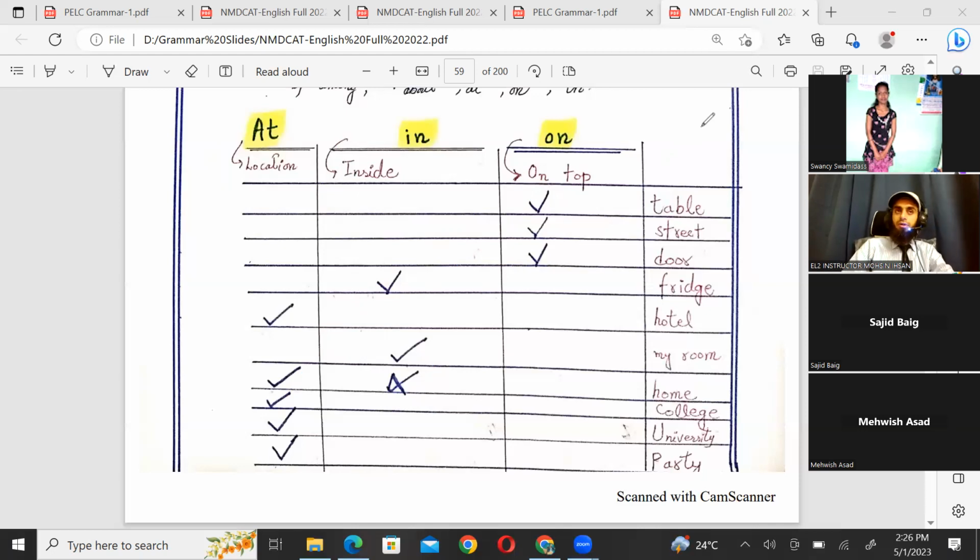I'm on the street corner. On the footpath, on the street. Why on the street? Because if you say in, here in means inside, in between. Like you are within the middle of the street, and in the middle any car or vehicle can hit you, right? So to avoid the middle situation, since in represents the inside situation, you're supposed to say on. With street we use on.